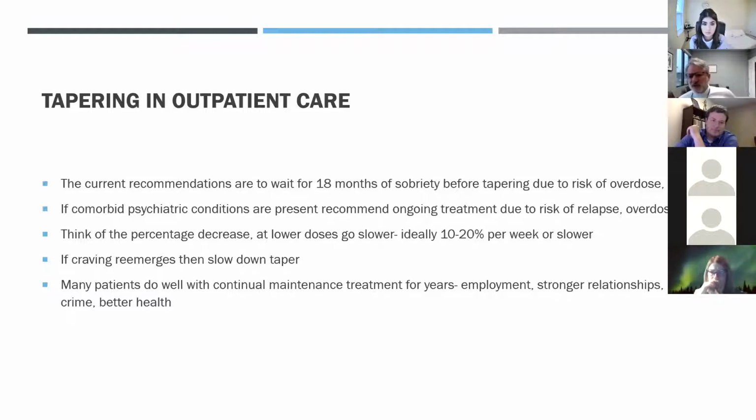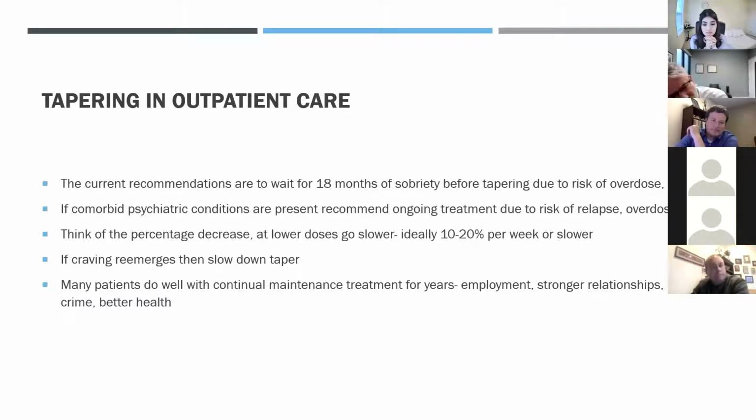If you do it earlier, you're at risk of overdose or relapse. The study also found that people with comorbid psychiatric conditions are much more likely to relapse or overdose, so the thinking is that they should maybe be maintained indefinitely on maintenance opiate treatment, maintenance Suboxone or methadone.